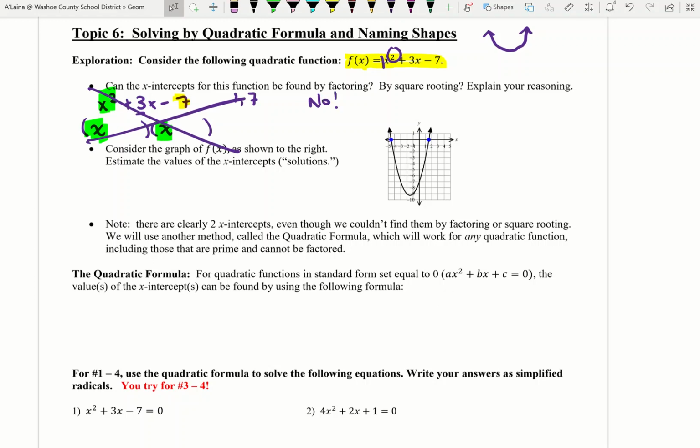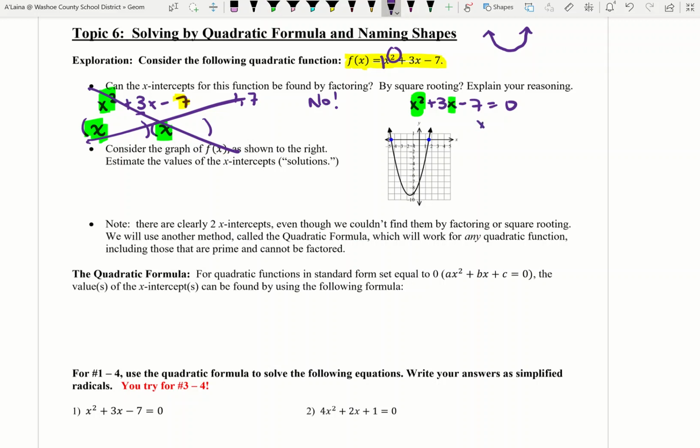What about square rooting? Square rooting is when you set the function equal to 0 and you try to isolate x. Here's a problem: there are two different terms that have x's, and one of these has an x squared and one has an x.